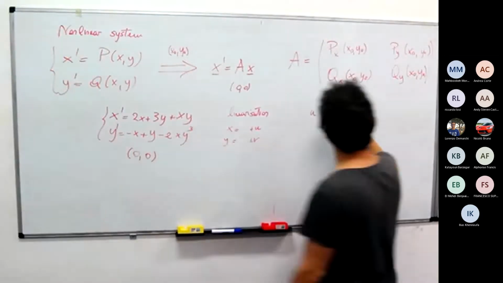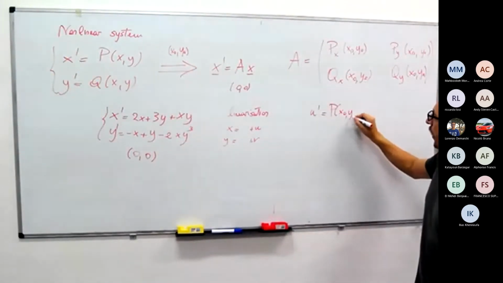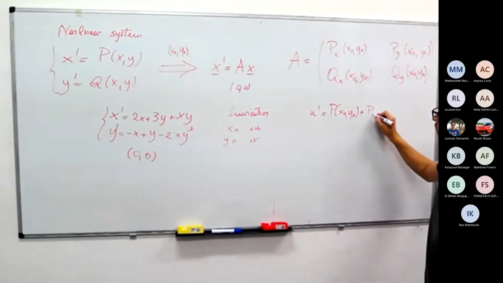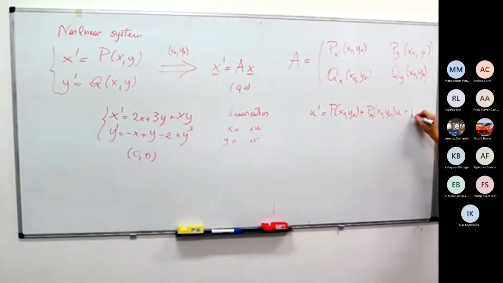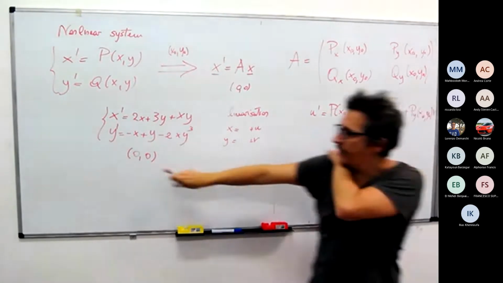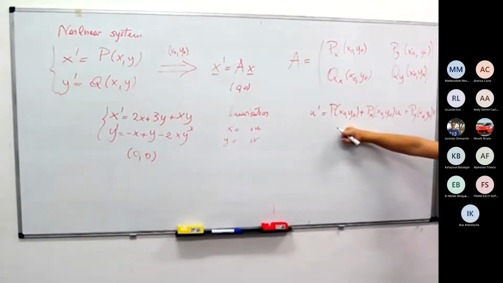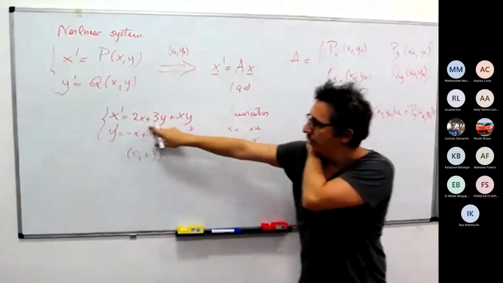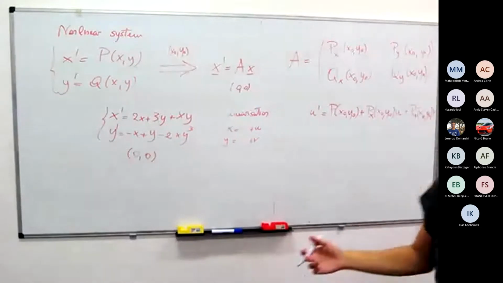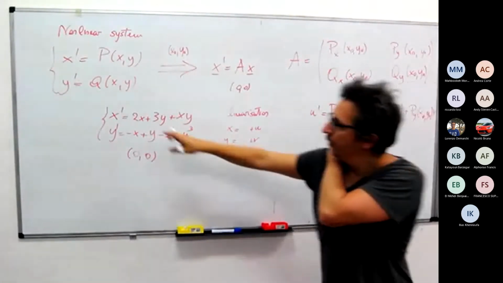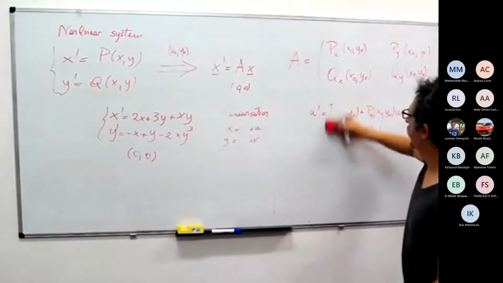So this is going to be equal to p of x naught y naught plus the derivative of p in x, evaluated at x naught y naught, times u, plus the derivative of p in y, evaluated at x naught y naught, times v. Now again, x naught y naught are 0, 0. And p of 0, 0 is this quantity here, 2x plus 3y plus xy, evaluated in 0, 0, which is 0.